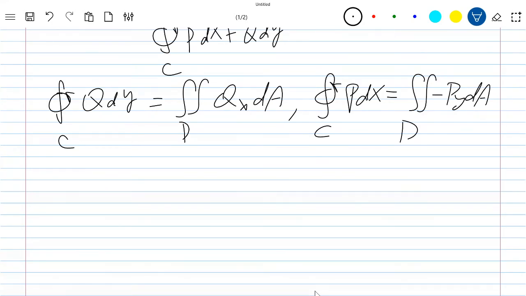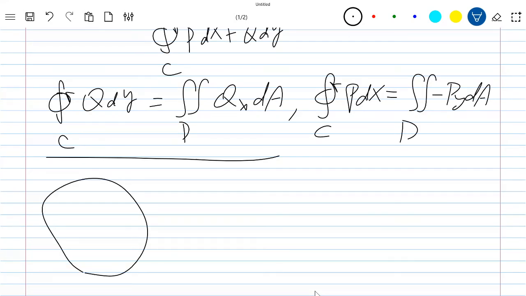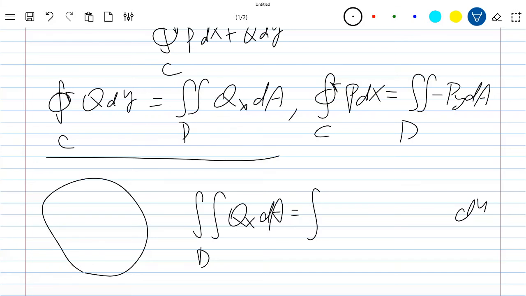So let's go back to the first part. Suppose you have a contour like that, and let's say, how do we write down the integration on the right-hand side? Since we are going to have dy, let's put dy on the outside.